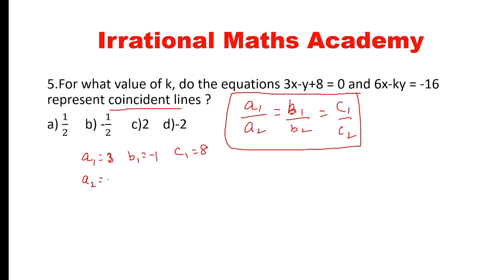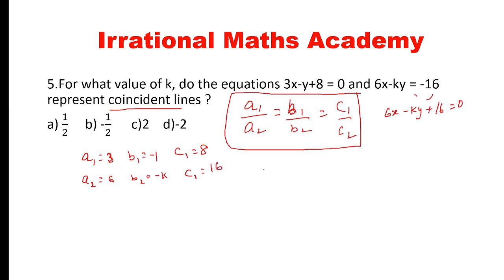A2 value equal to what? 6. B2 value equal to what? Minus K. And C2 value equal to what? I'll transpose this minus 16 to this side to write it in standard form. So this becomes 6x minus ky plus 16 equal to 0. So here it is 16.